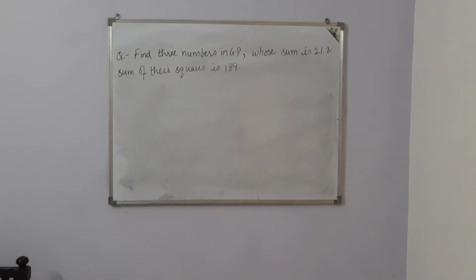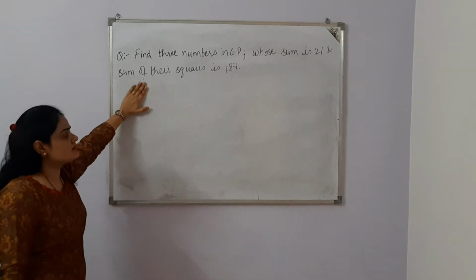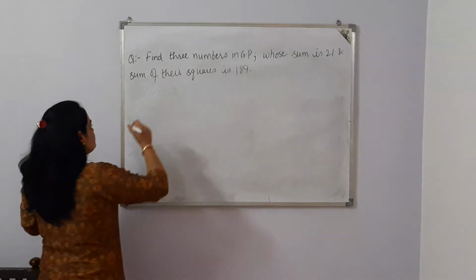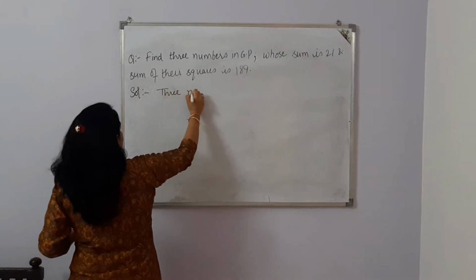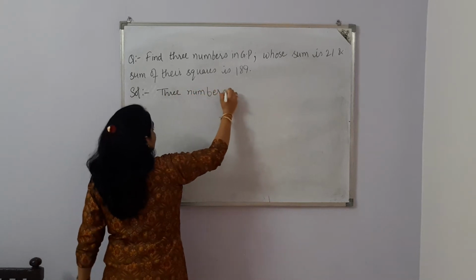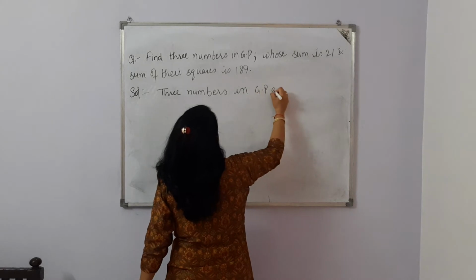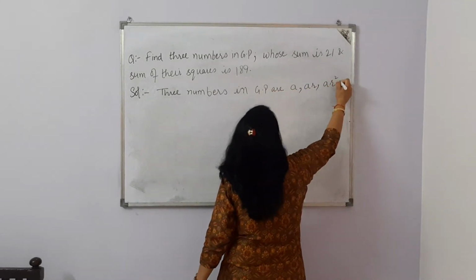Now another question is, find the three numbers in GP whose sum is 21 and sum of their squares is 181. So here the product is not given. So we'll take the three numbers in GP as a, ar and ar square.